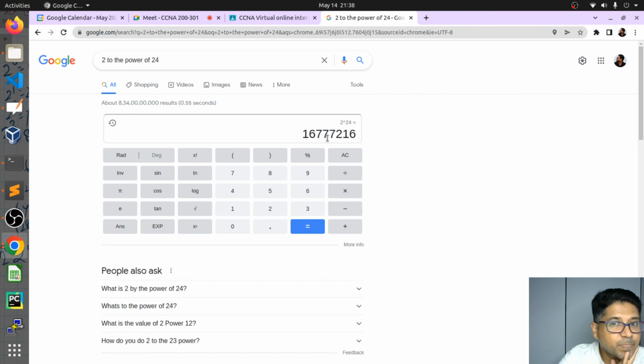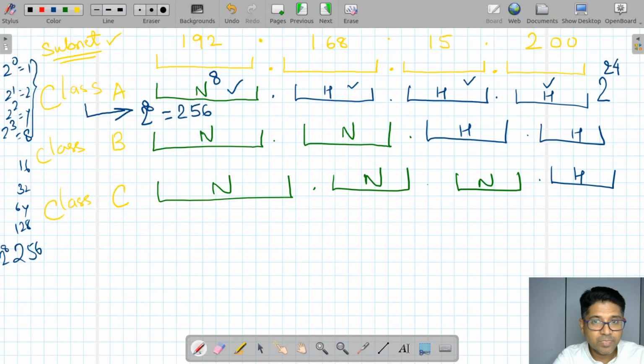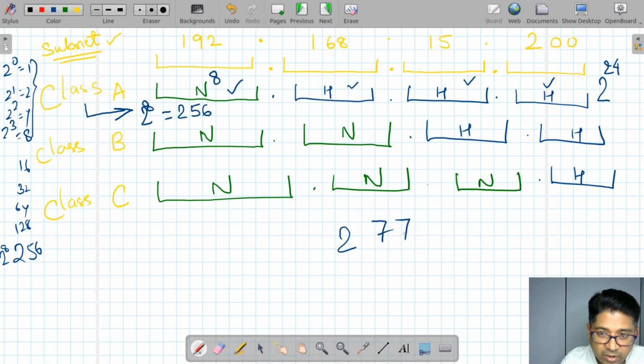Can you see? 1 crore 67 lakh 77,216 hosts. Are you able to remember? Easy to remember. 16,777,216 hosts.